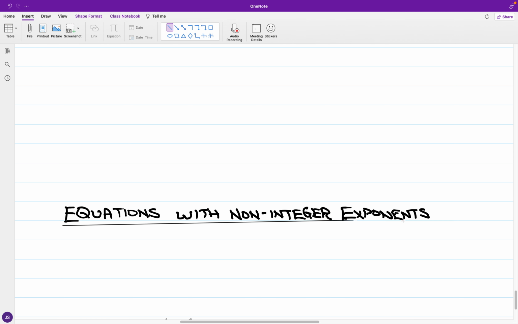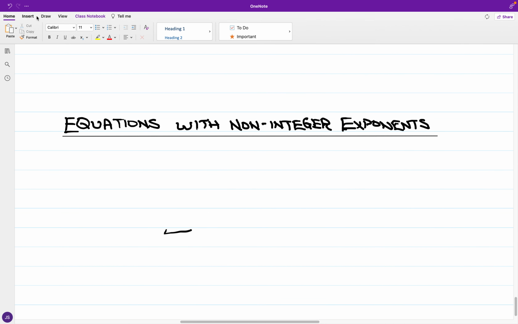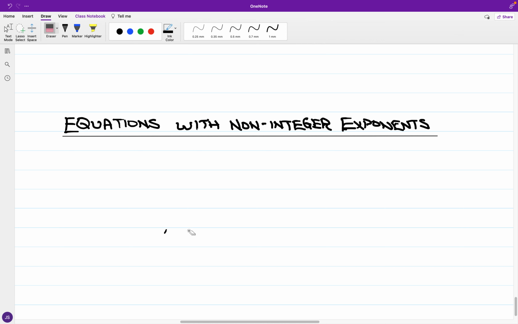Here are some of the properties, corresponding radicals and non-integer exponents.